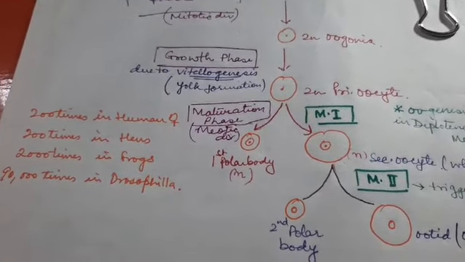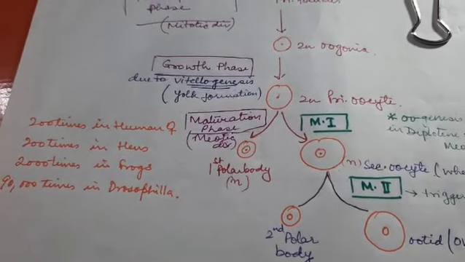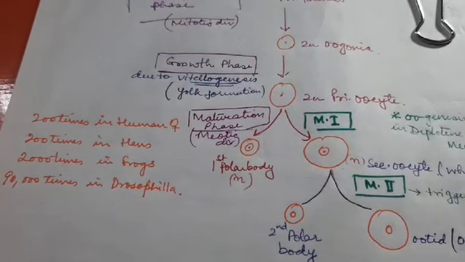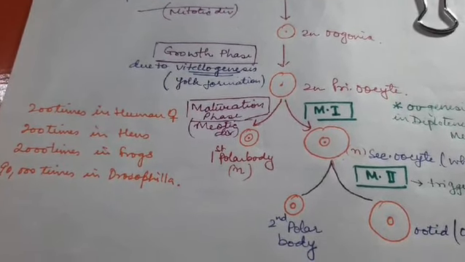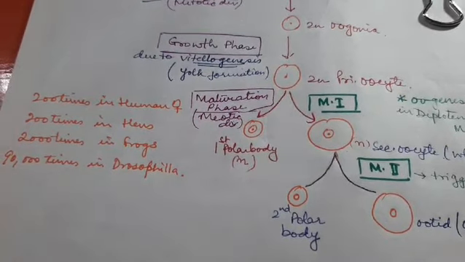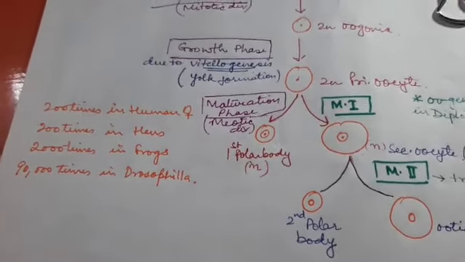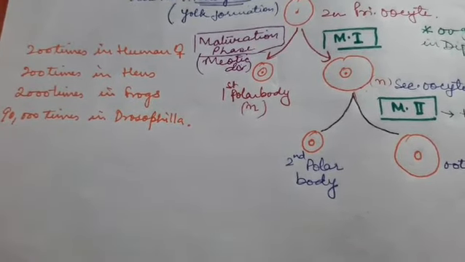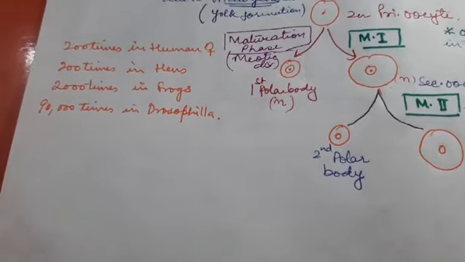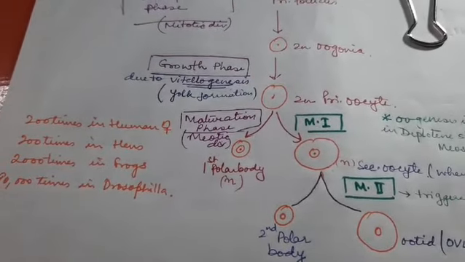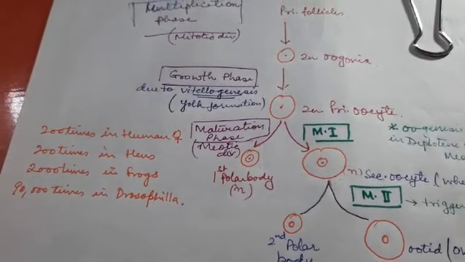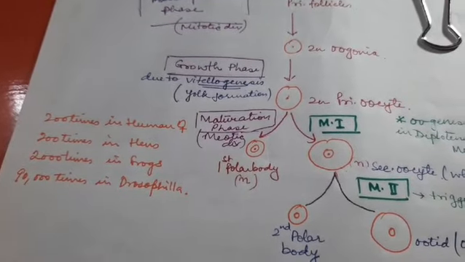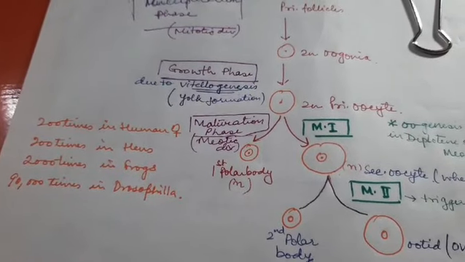In case of hen also it increases 200 times, in case of frog 2000 times, and 90,000 times in case of the Drosophila egg. So, depending upon how much nourishment the egg should have, that would decide the amount of yolk to be accumulated. Now, it is totally dependent on the developmental process.